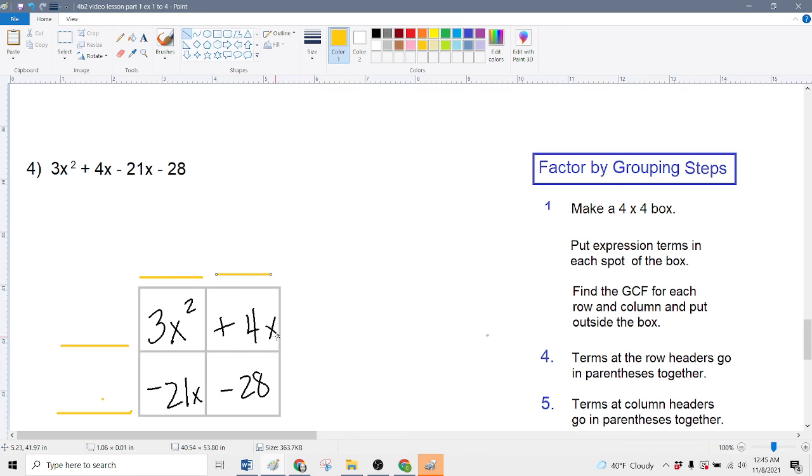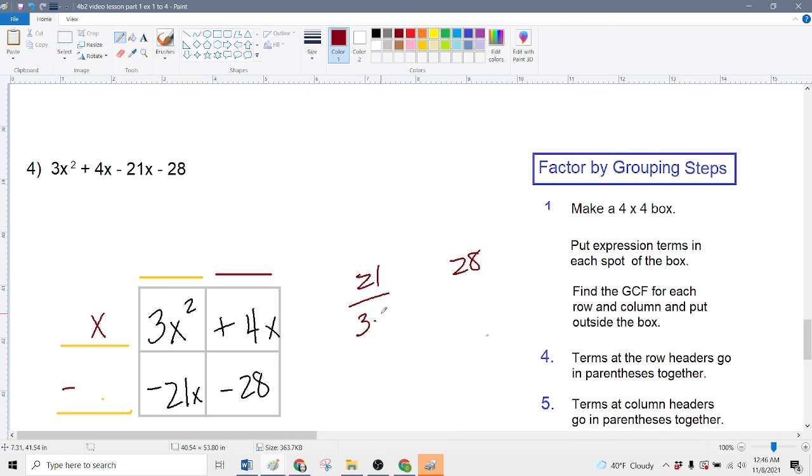So for 3 and 4, they don't share anything, but we do have x and x squared, so we will factor out an x since they both share an x. Of course, that's my short list, right? For this next row down, that subtract is in the first spot right next to my header. So I'll factor that out. Let's look at factors of 21 and 28. So we're going to skip the 1.